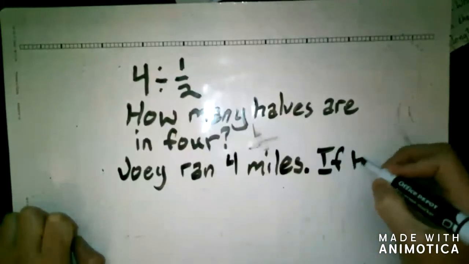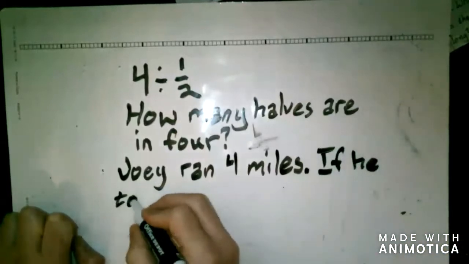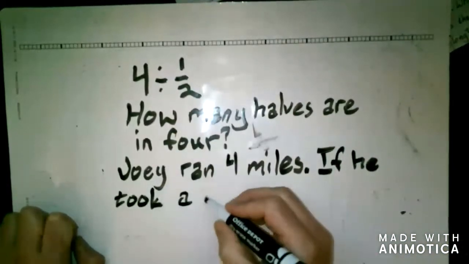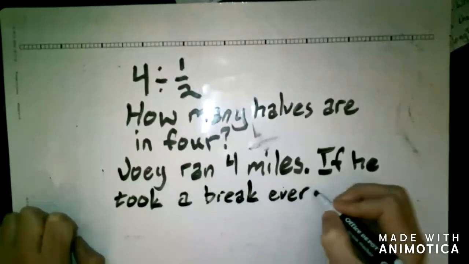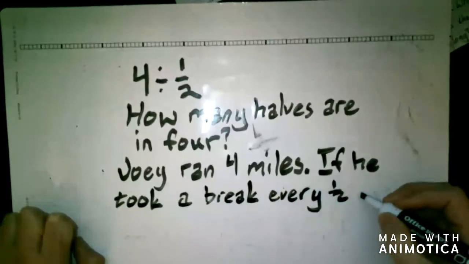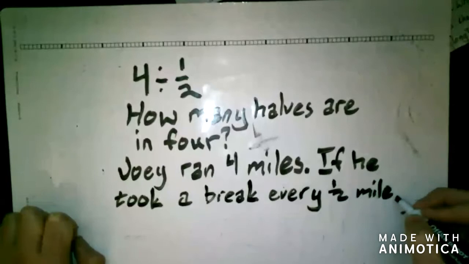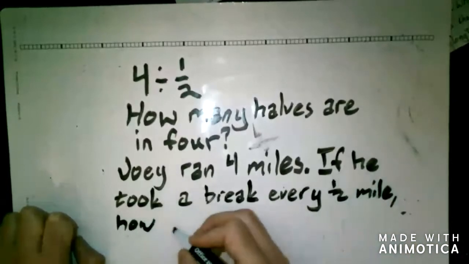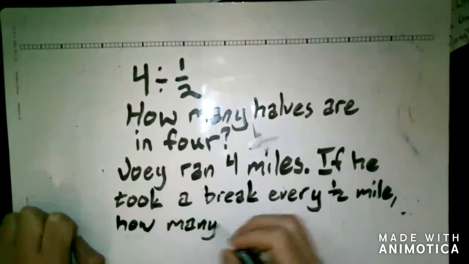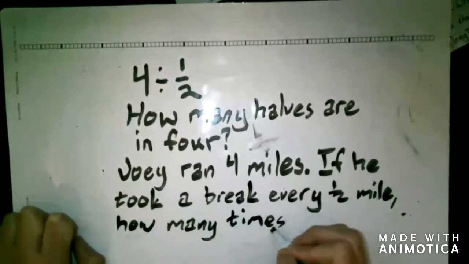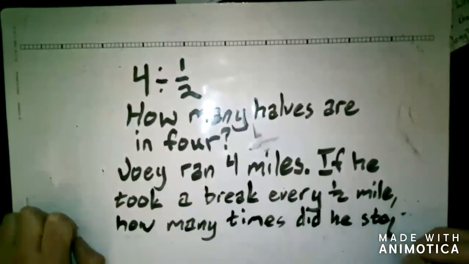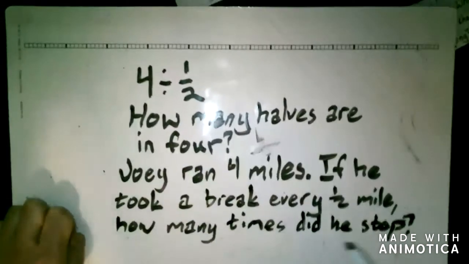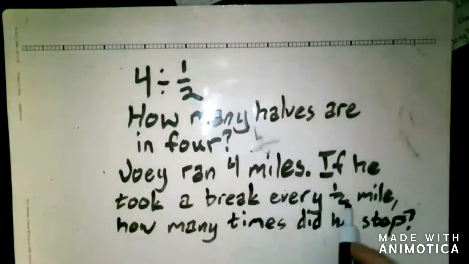If he took a break every half mile, how many times did he stop? So now I have a story where I'm finding out how many halves are in 4.